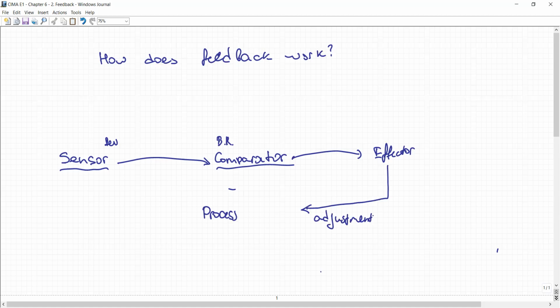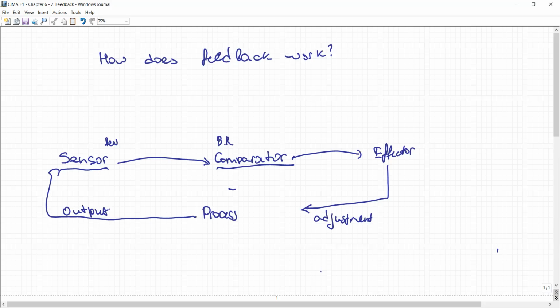Then the process works and it provides another set of output. For example, another quarter or another month has passed and we got a brand new output. The sensor gets this output and gives this feedback to the comparator, and the comparator compares the output with the target or with some other reference and tells the effector if something is out of the allowable range, and the effector makes the adjustment.